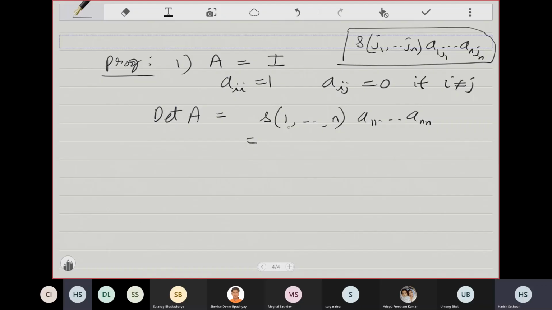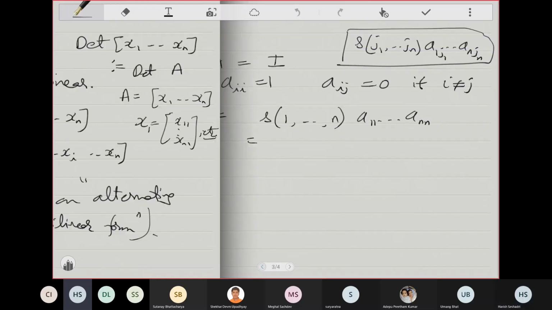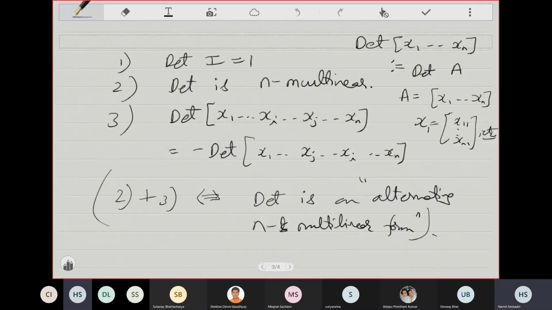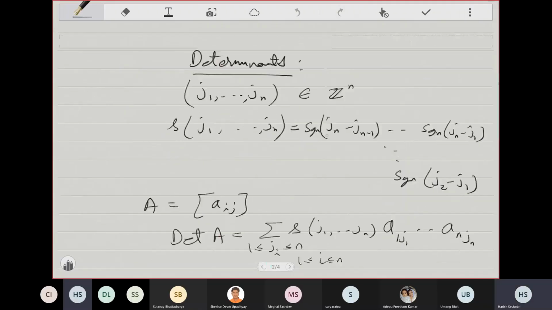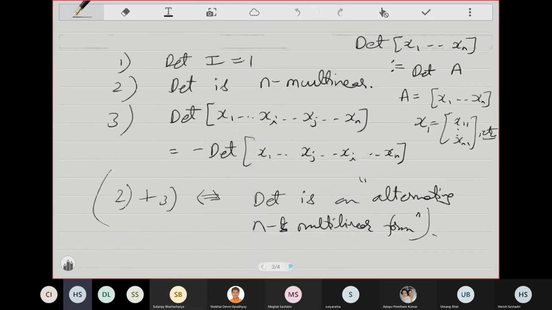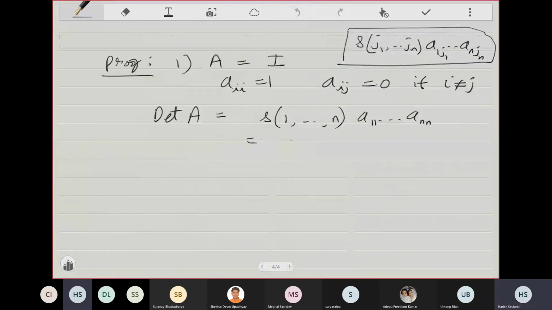Now this thing, by definition, the sign of 1 up to n, this will be just 1, all terms are plus ones. So I'll get 1. So not much more to be said about that.